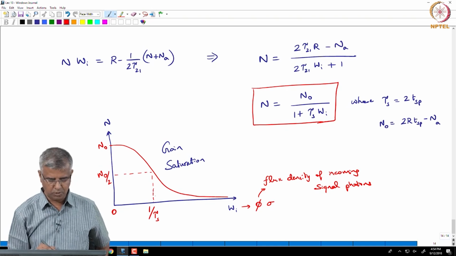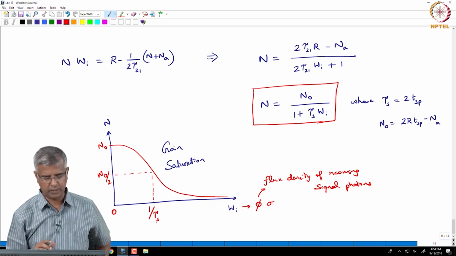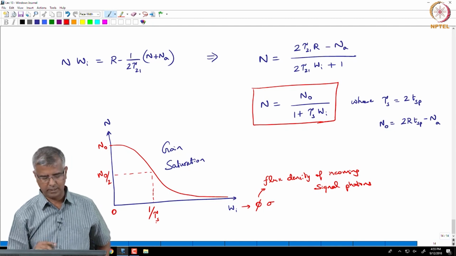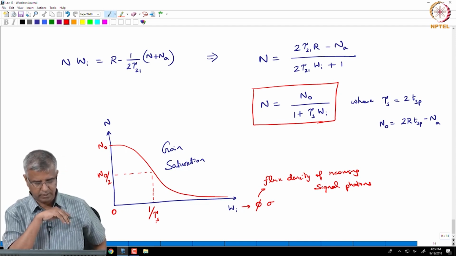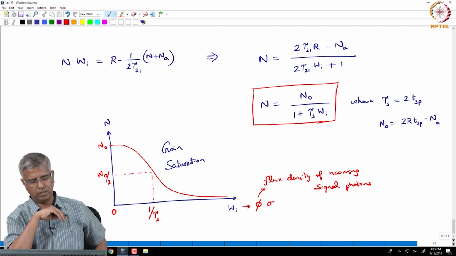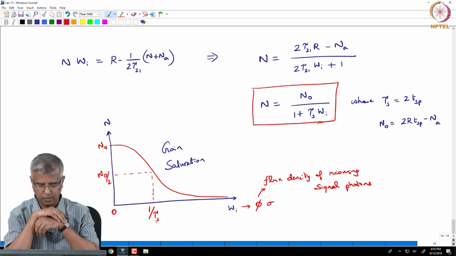This corresponds to a certain characteristic rate, and the time corresponds to some characteristic time, which we will come back and define as the saturation lifetime of this system.